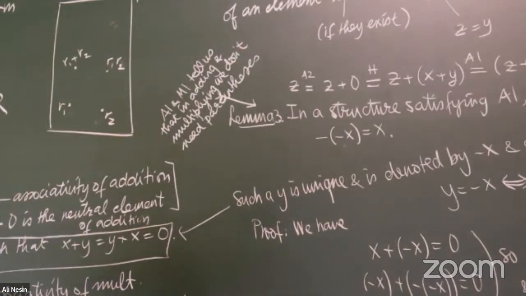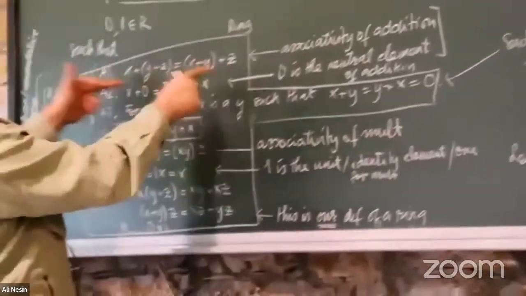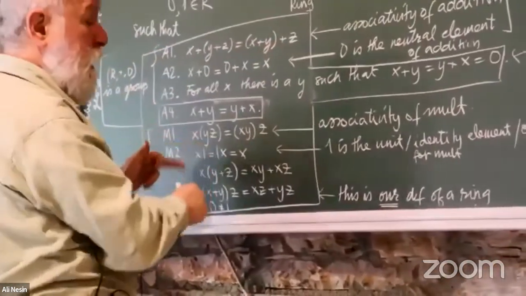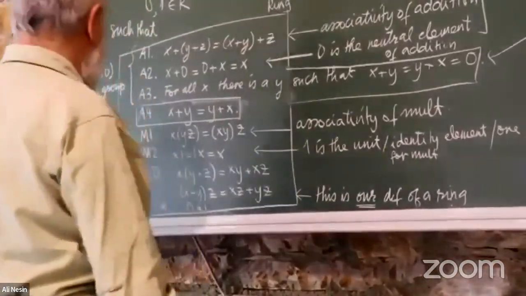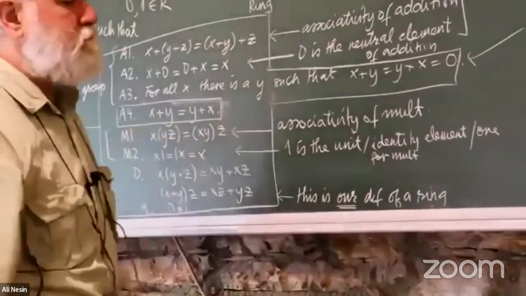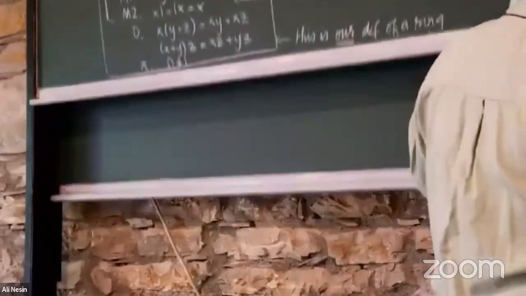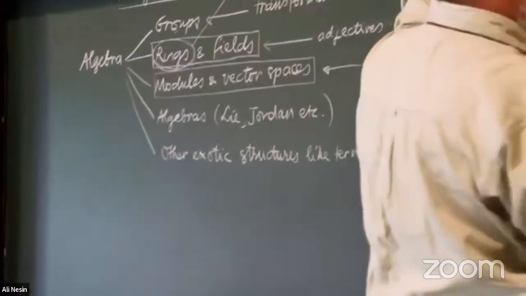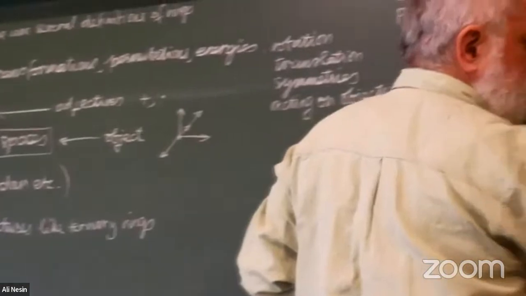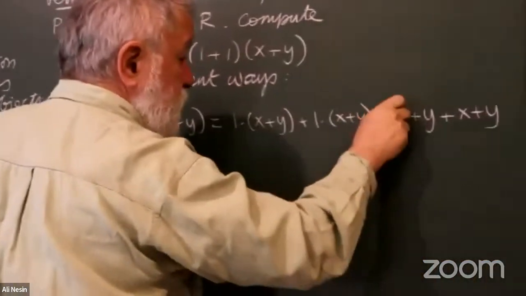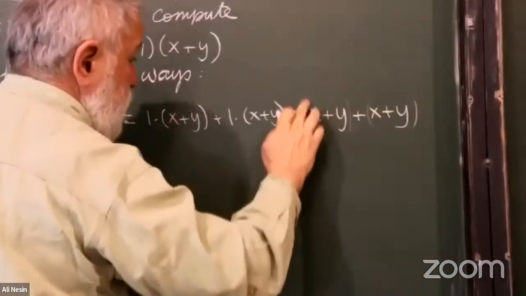Write x plus y plus z without parentheses, and x times y times z without parentheses. I don't need parentheses here. Normally I should have parentheses here and here, but there's no need for them.